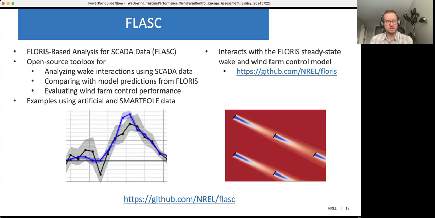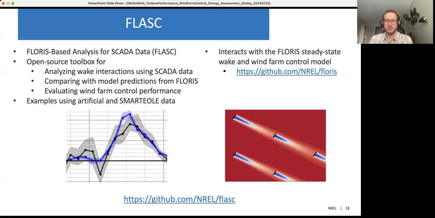There are examples that are included with this software, and some examples use artificial data generated by FLORIS, and some use data from the SMARTEOLE experiment I've been talking about.